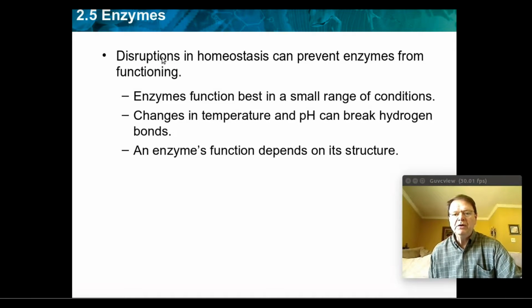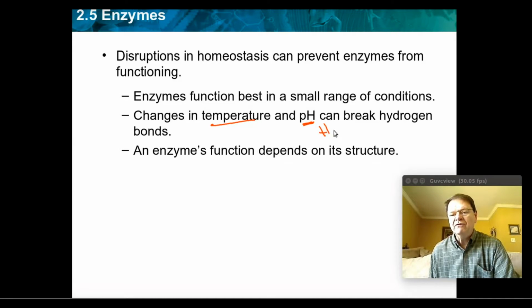As we mentioned a moment ago, because enzymes are proteins, and those proteins are held together in their particular three-dimensional shape by hydrogen bonds, changes in temperature and changes in pH can disrupt those hydrogen bonds that have the polypeptide chains folded in a particular way. As we mentioned before, proteins are made out of amino acids. Some of those are polar, and that's where the hydrogen bonds occur.